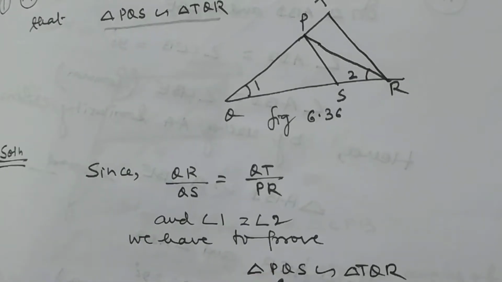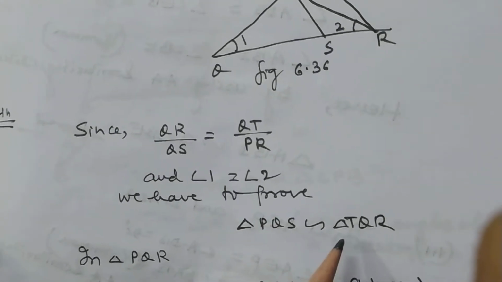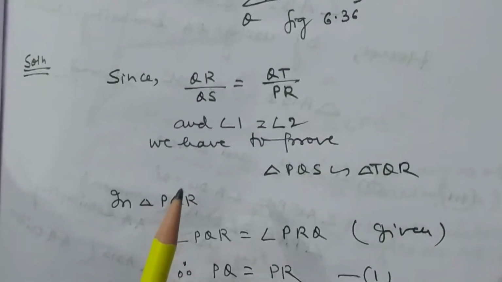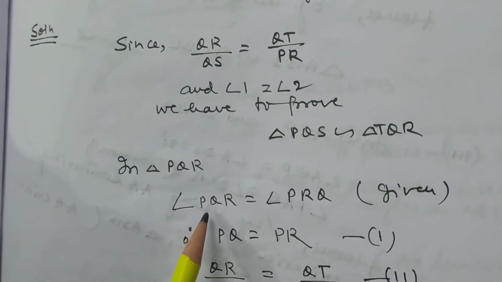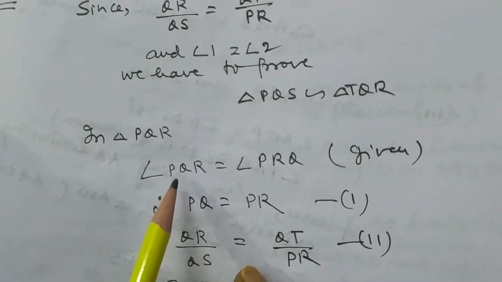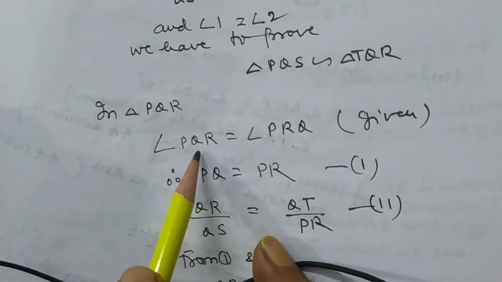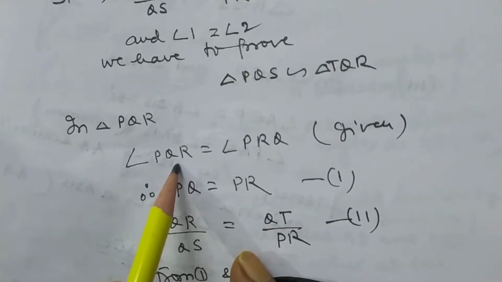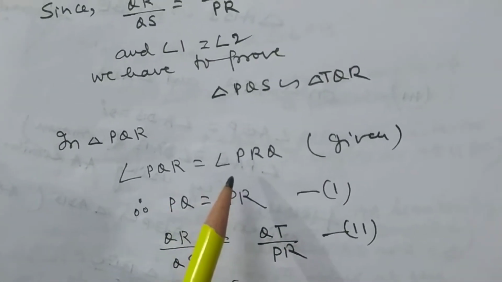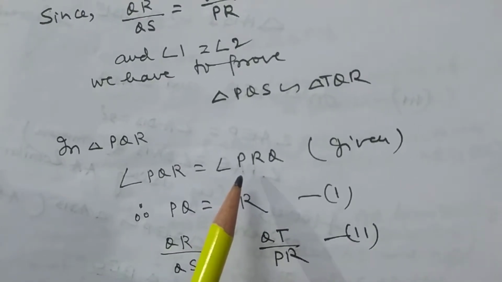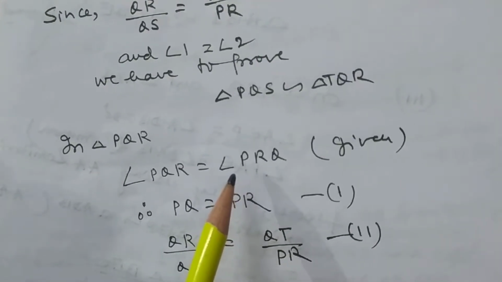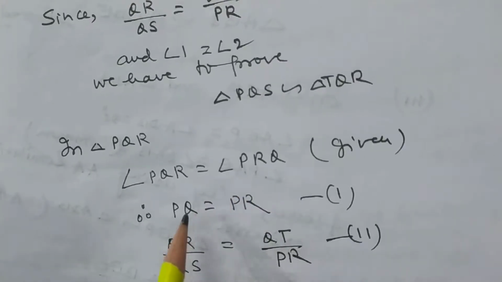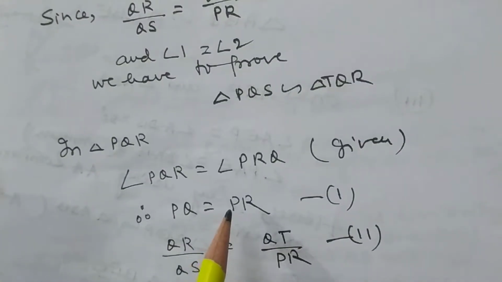So we have to prove triangle PQS similar to triangle TQR. In triangle PQR, try to understand, angle PQR is equal to angle PRQ. So PQ is equal to PR.